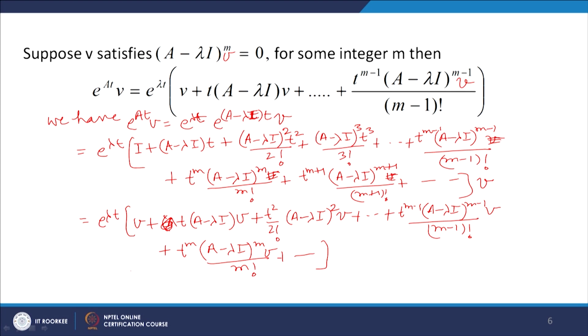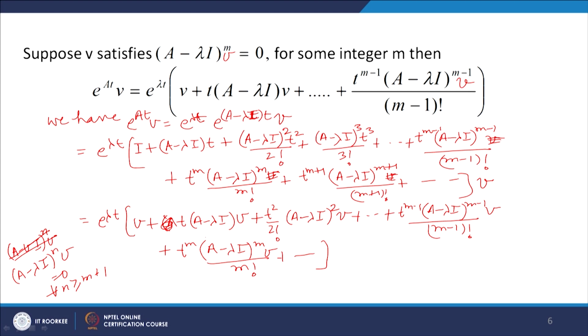So, if (A minus lambda I) to the power m into b equals 0, then (A minus lambda I) to the power n b equals 0 for all n greater than or equal to m plus 1. So, this (A minus lambda I) to the power m into b equal to 0 implies this equal to 0 for all n greater than or equal to m plus 1.